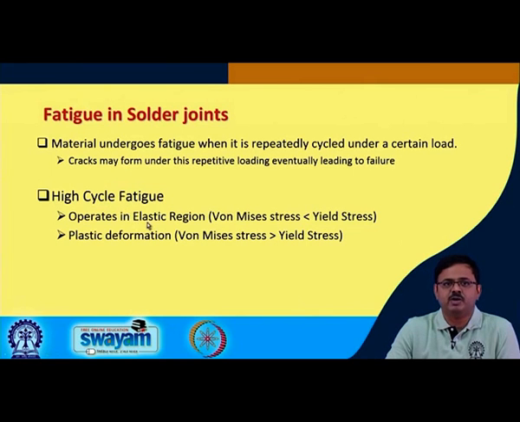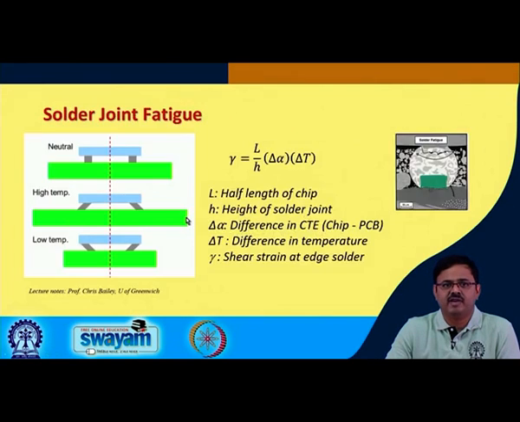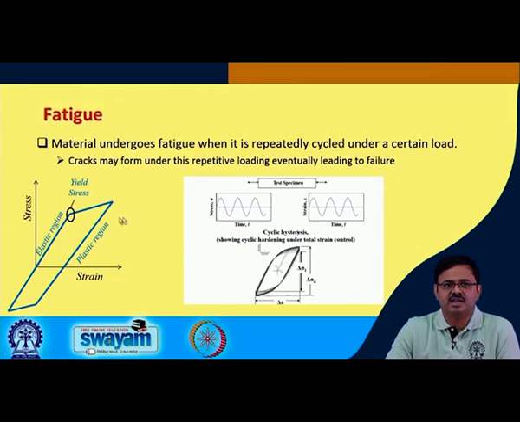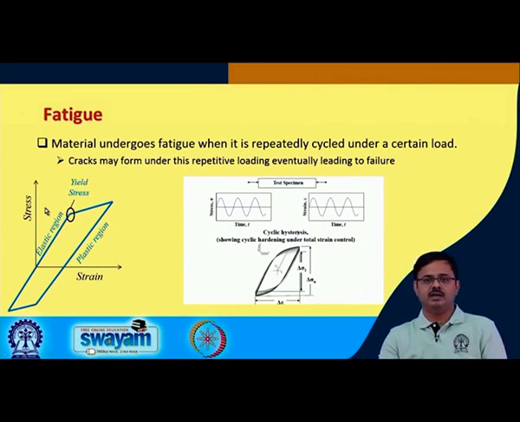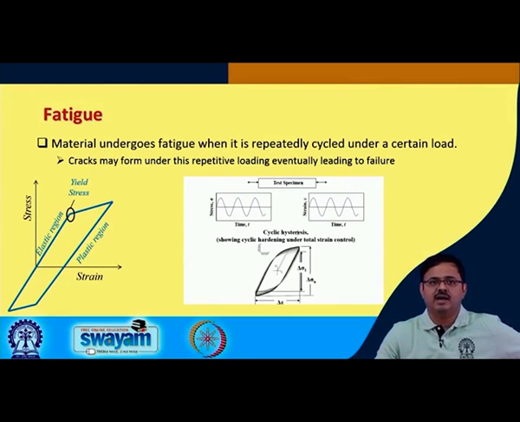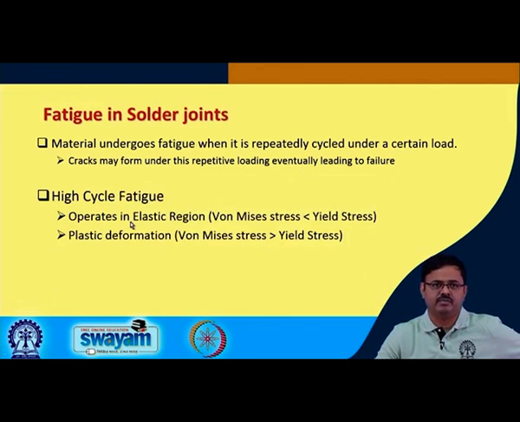So, high cycle fatigue operates in the elastic region where the stress is below the yield stress. Okay. But here the number of cycles is much more frequent, and that leads to what is called high cycle fatigue. Low cycle fatigue on the other hand is when von Mises stress is greater than yield stress.